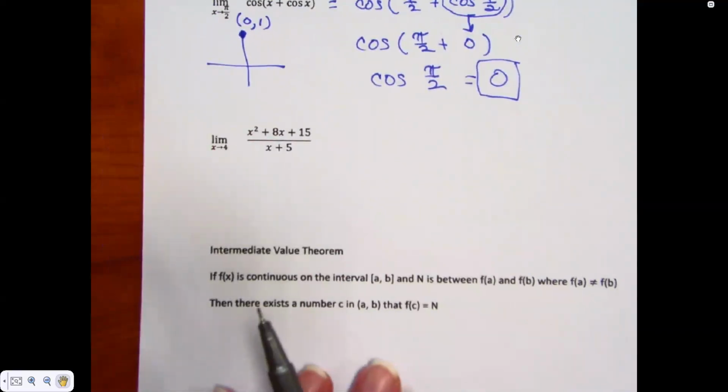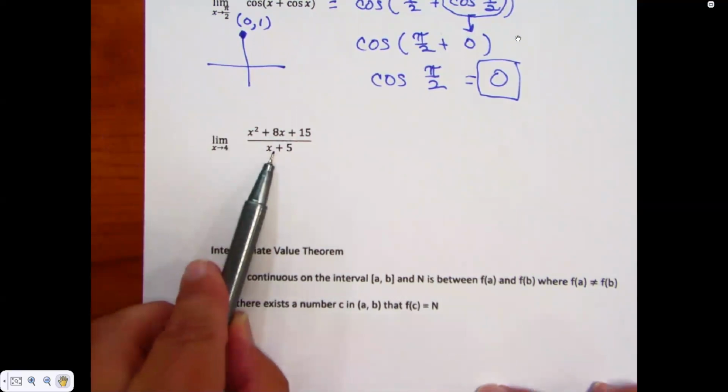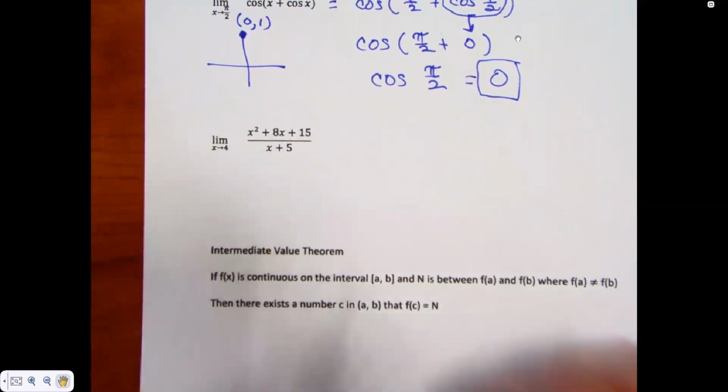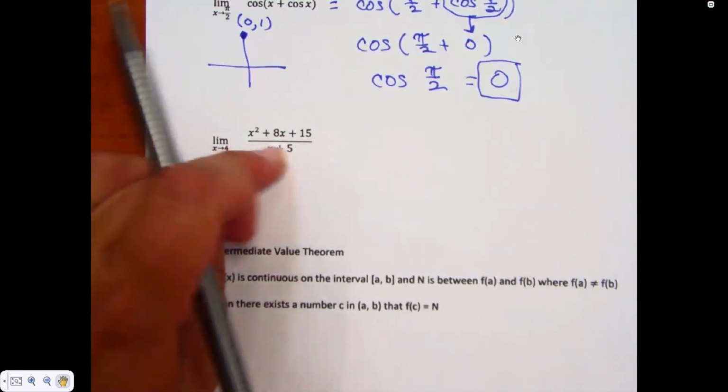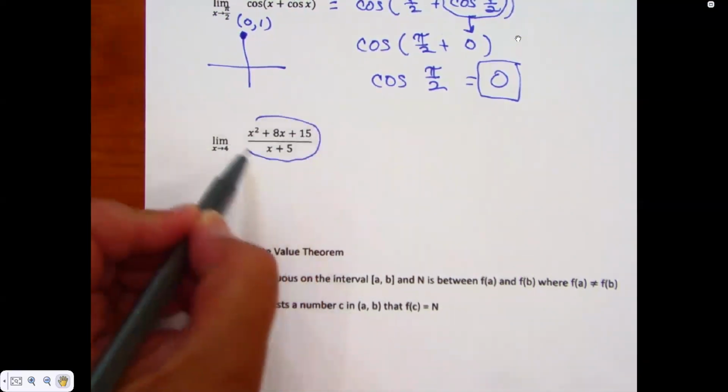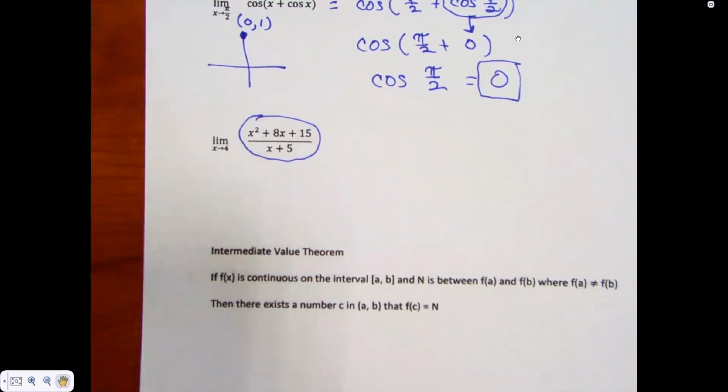All right, what about this last one? Do I want to factor? Doesn't matter. If you see this and you factor, that's fine. If you see that when I plug in 4, I don't get a denominator of 0, that's okay too. Because the only difference between this graph and if we actually factor it and cancel would be the hole.